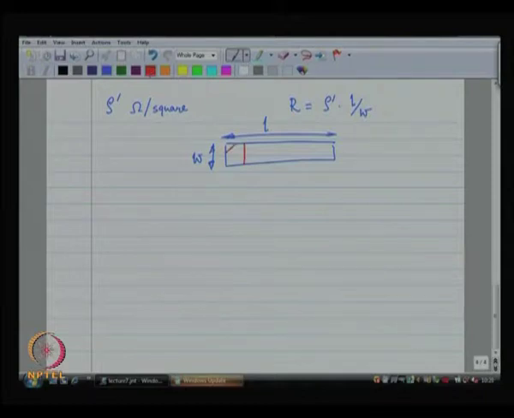There is 1 square, 2 squares, and then a little more, right. So, the number of squares is L divided by W.